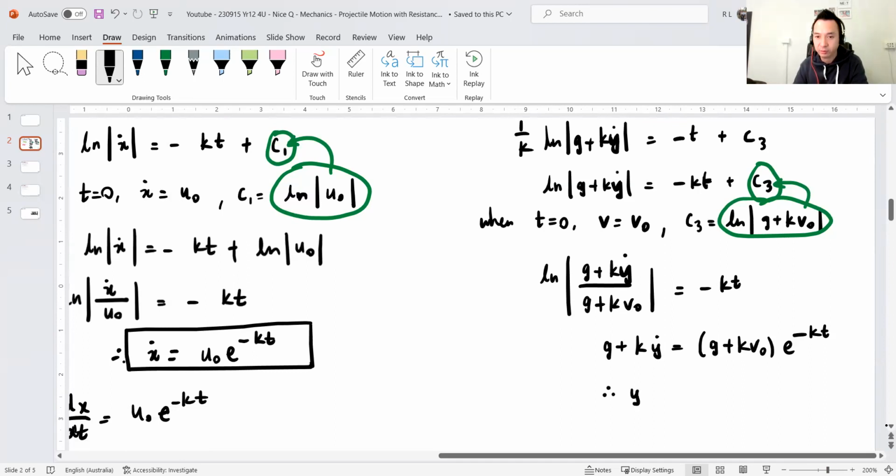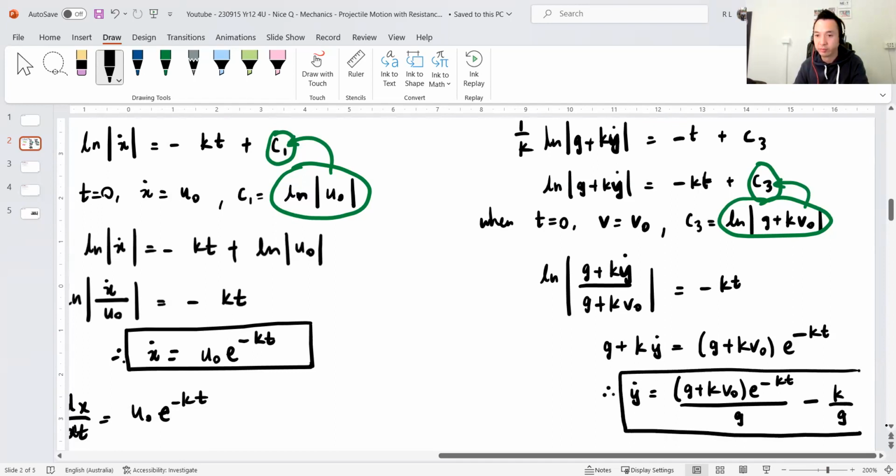So therefore y dot equals minus g divided by k, so it'll be g plus kv0, e to the minus kt, all over k. That is v, velocity.